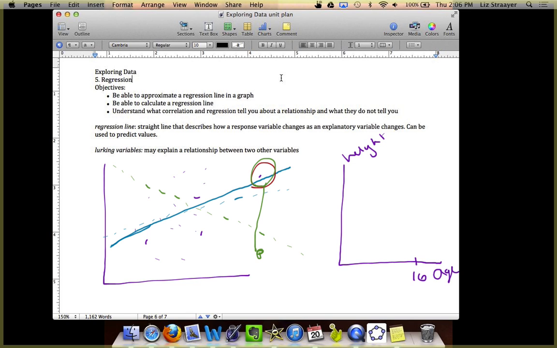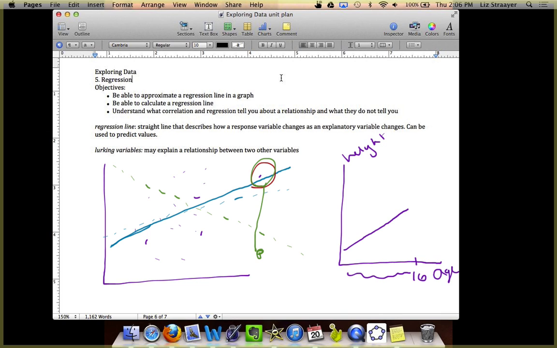This probably isn't a linear relationship, but we'll pretend it is. I could definitely predict anything within here. Let's say I was measuring my kid every year and I forgot to measure him one year. I could use this to predict how tall they were that year, at any point within. We call that interpolation.